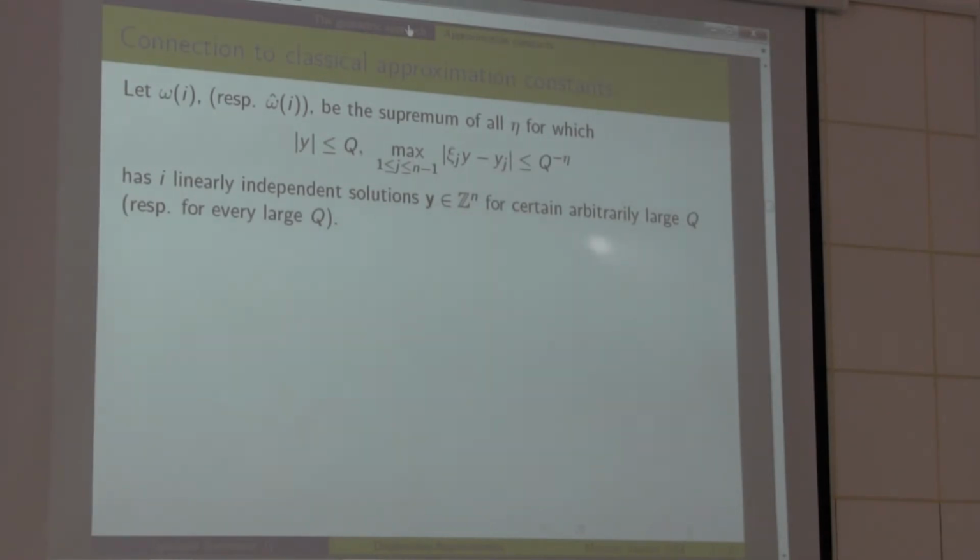Okay? And what now is the connection between phi and these constants? You have a close connection between omega of I and phi sub I underlined, and between omega hat and phi sub I overlined, which is given as follows.